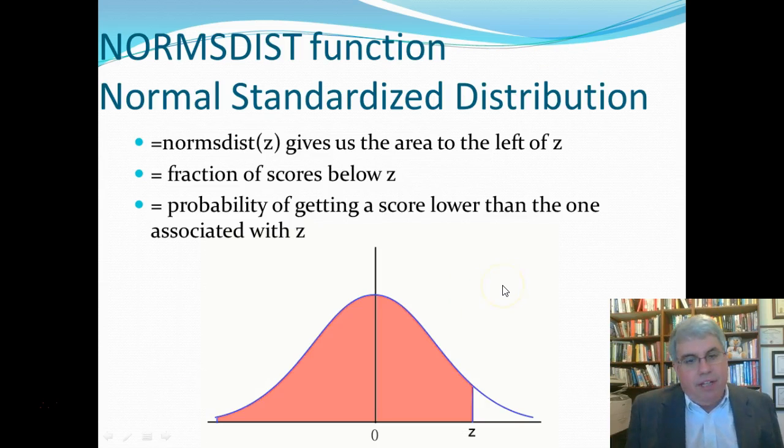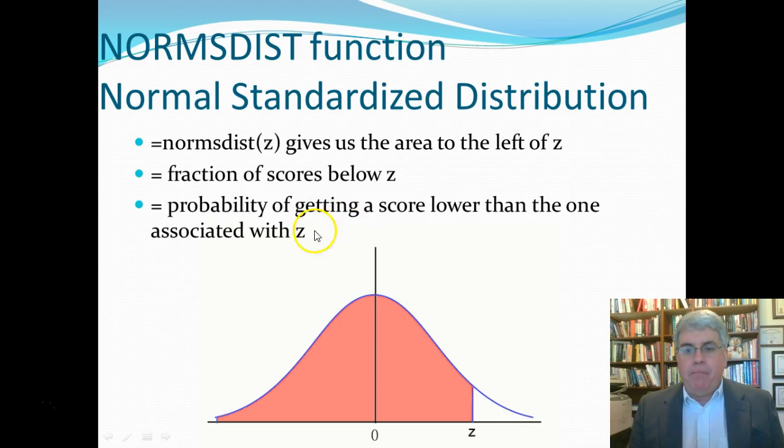What does this mean? Let's look at this NORM.S.DIST function. It stands for normal standardized distribution, and if we've got a z-score, the z-score could actually be on this side, just any z, if we type in equals NORM.S.DIST, and then whatever the z value is, like 2.5, that gives us the fraction of scores below z.